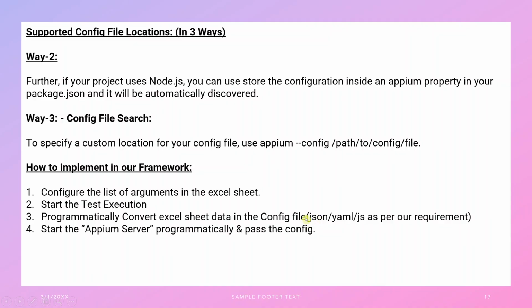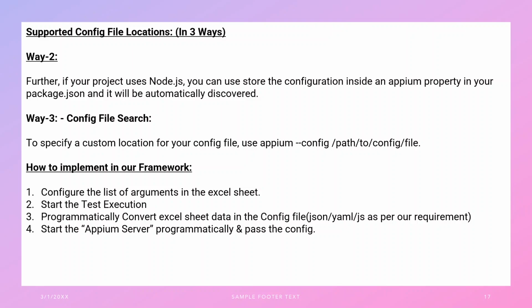Then we pass this file to our Appium server. In the fourth step, I start the Appium server programmatically and pass this config file as a value to the Appium server. So our Appium server is launched based upon our config file. This is a brief idea of how you can implement it in our framework.